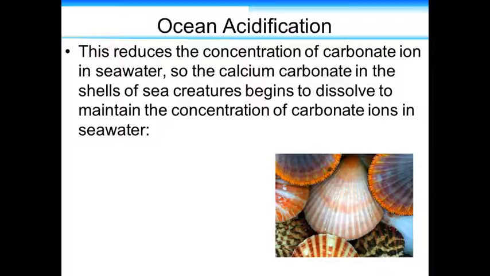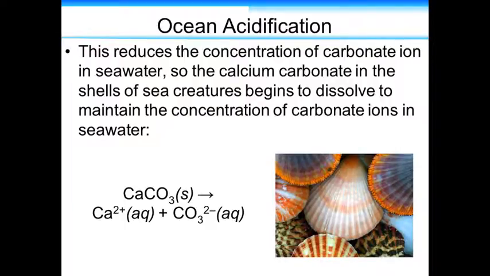And you also see the shifting of pH influence the health of the animals and the health of coral reefs. So in order to replenish the carbonate ion concentration, we see more of the solid calcium carbonate dissolving.